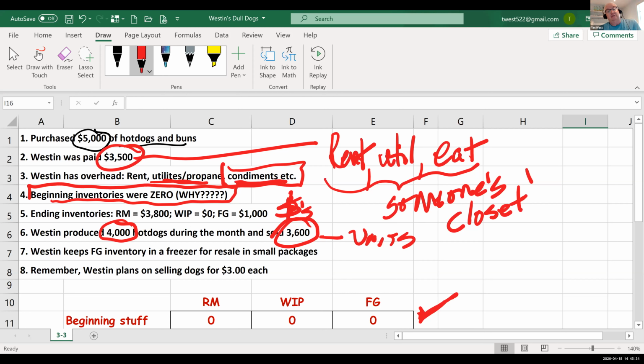So be a little careful. The other day I was asked about that and I said, well, we're really following the dollars. In this case, it may be helpful to see how the units are reflected in the dollars. And then finally, we talked about the freezers and the small packages, and Weston is still trying to sell these hot dogs for $3. So that's where we are right now.